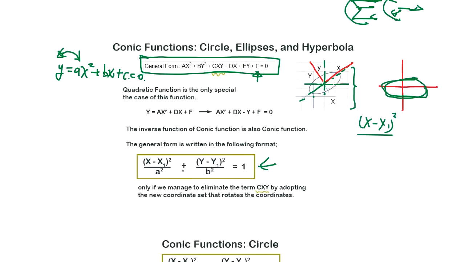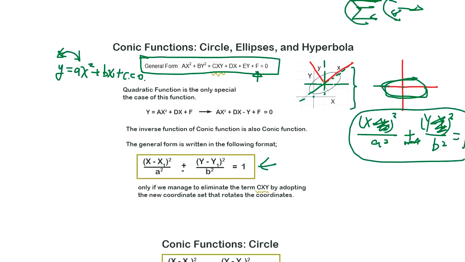This is not an ellipse, this is the generalized form. An ellipse, if it's centered here, is going to be x squared over a squared plus y squared over b squared equals 1, right?